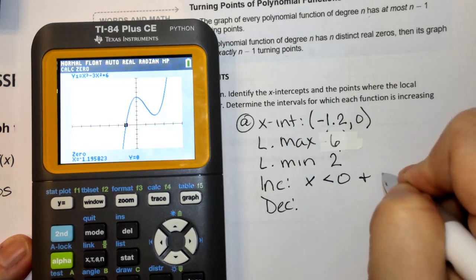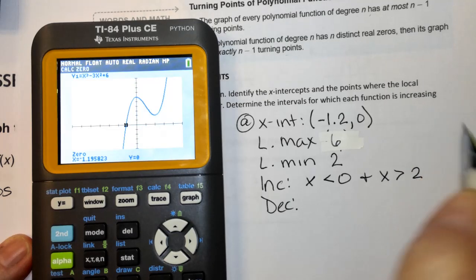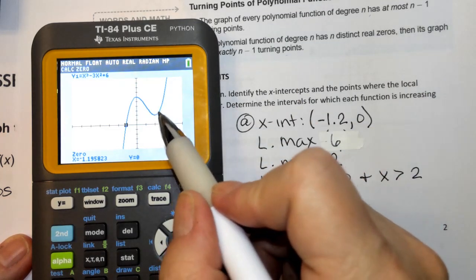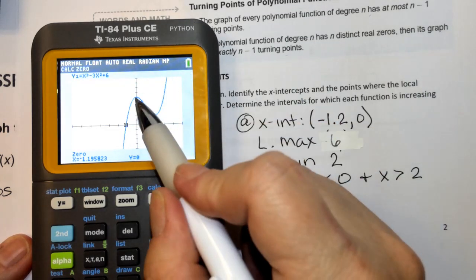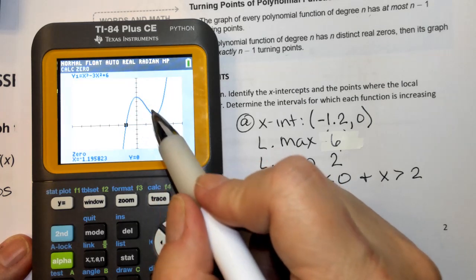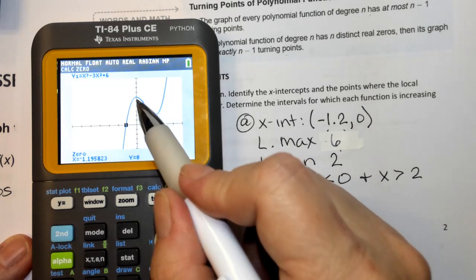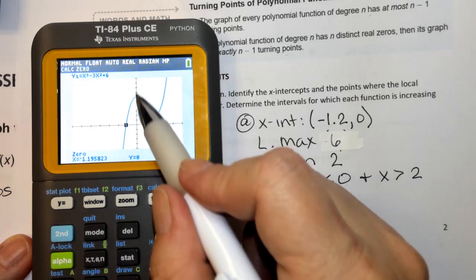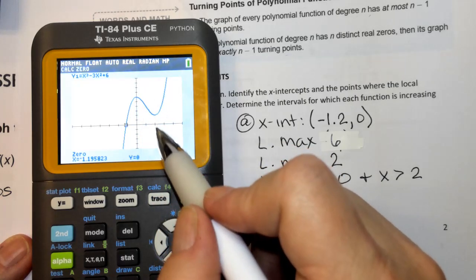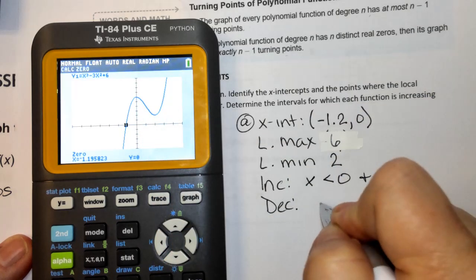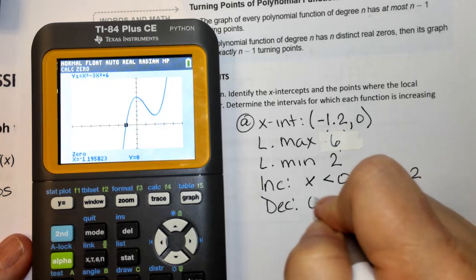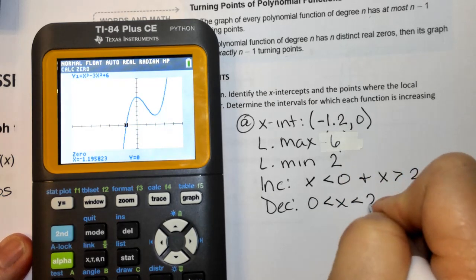So we would say when x is greater than 2, because it's going from 2 to infinity. The only time it's decreasing is right here. It decreases from 0, where x is 0, to where x is 2. So we would say in between 0 and 2.